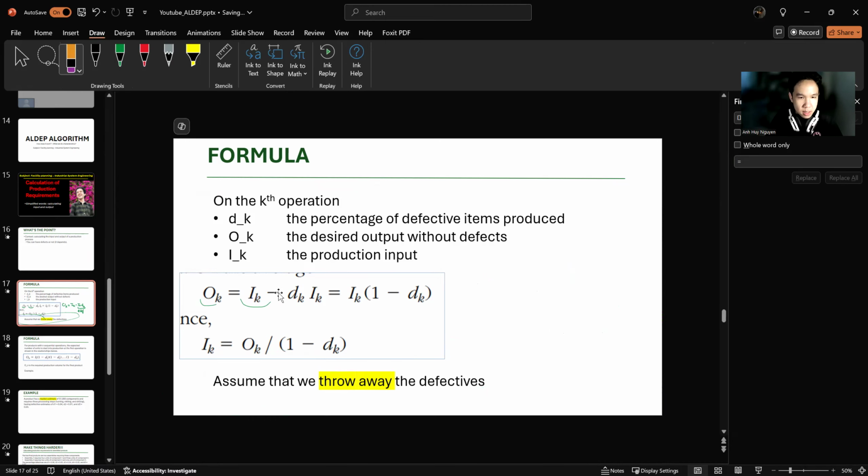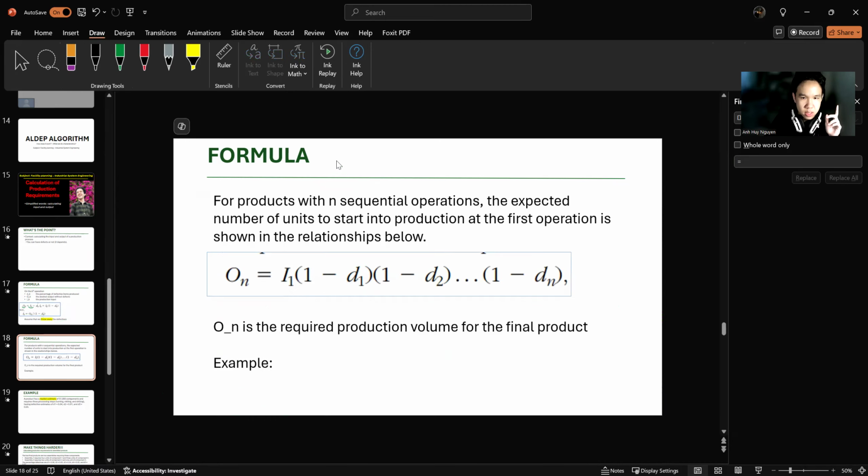Now, there is also an additional formula I want to show you. If we have a sequence of n-step operations, let me show you through an example. Maybe you have some kind of input here, and you have step one, step two, step three, and then the output.